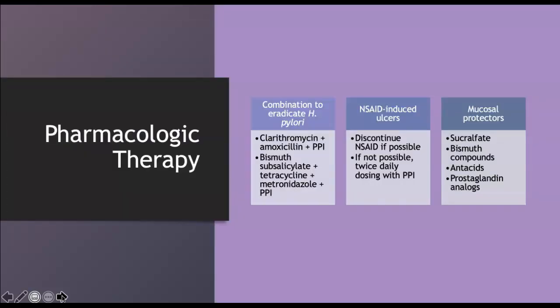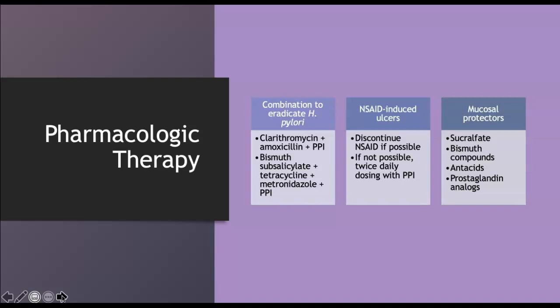Medication therapy or pharmacologic therapy. I know they should have covered some of these in pharmacology already. But we have to look at what the cause of the ulceration is. If it's due to Helicobacter pylori, we need to address that. If it's due to NSAIDs, then they need to address that.